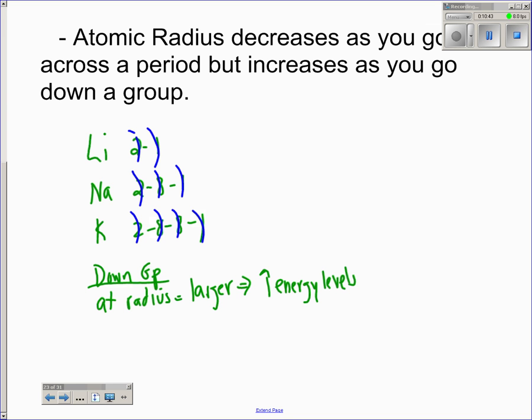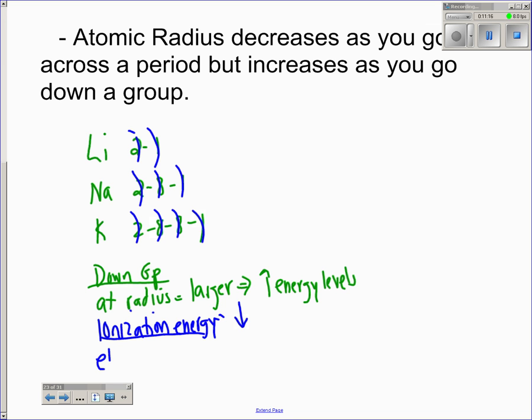What does that mean for ionization energy, or the amount of energy necessary to remove an electron? Well, the bigger the radius, the easier it is for an electron to get lost, because there's less attraction between the nucleus and that electron. So as you go down a group, ionization energy decreases. It takes less energy to remove an electron.